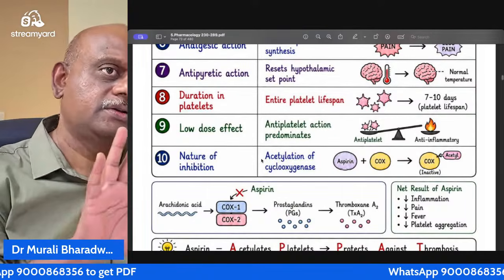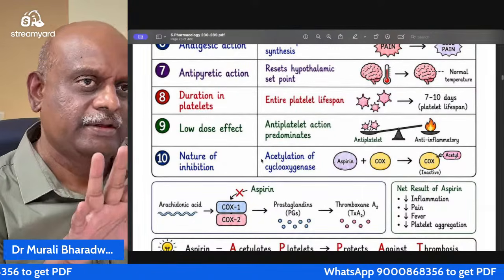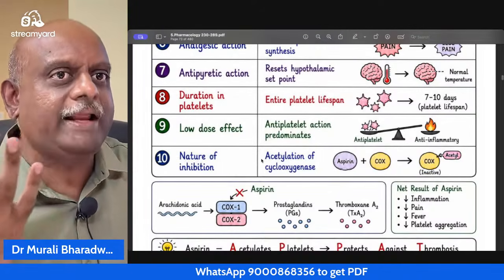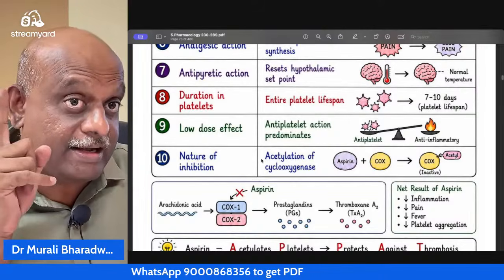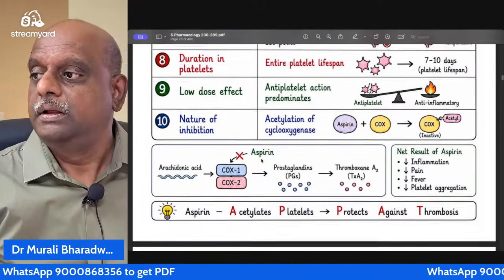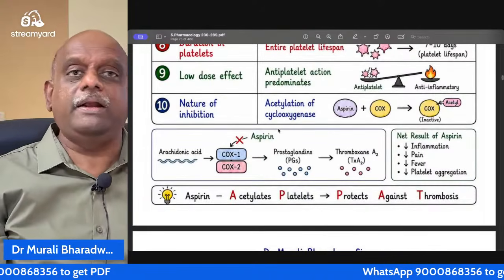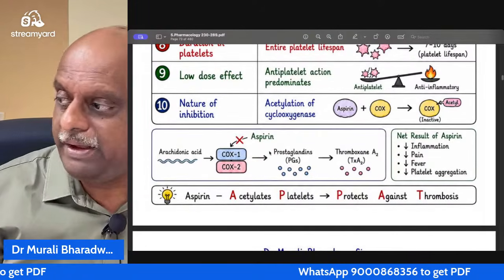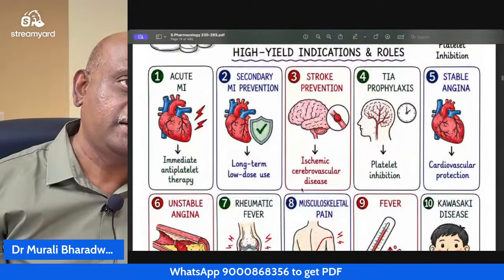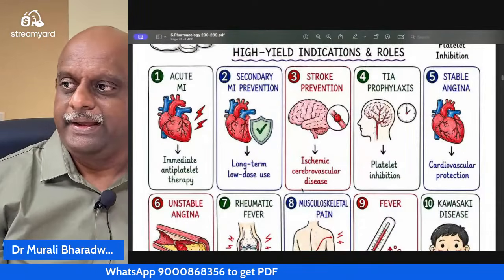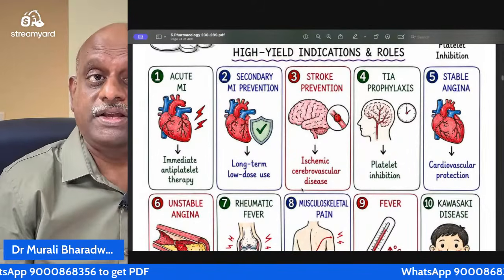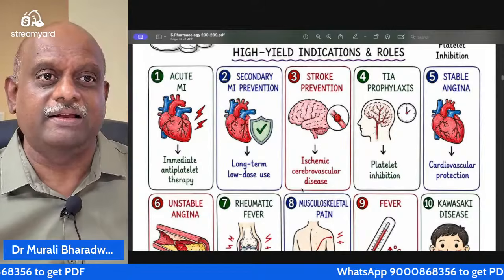But at least 72 hours we stop ecosprin, aspirin, if we are planning a procedure, even though antiplatelet action will be there for 7 to 10 days. Now, how does it inhibit? It acetylates the COX and makes it inactive, is what we need to remember. So where do we use, doctor? Acute MI. After getting MI once, to prevent the next MI, secondary prevention.